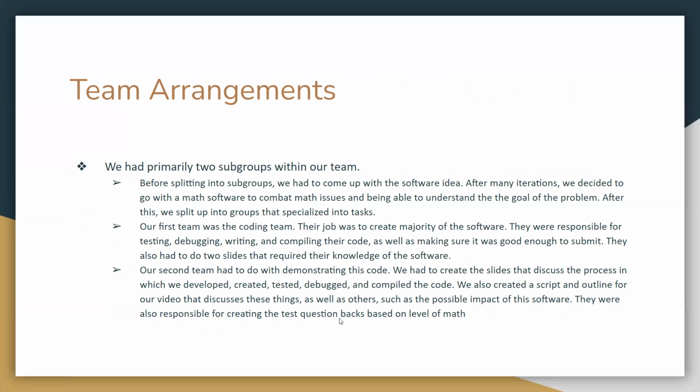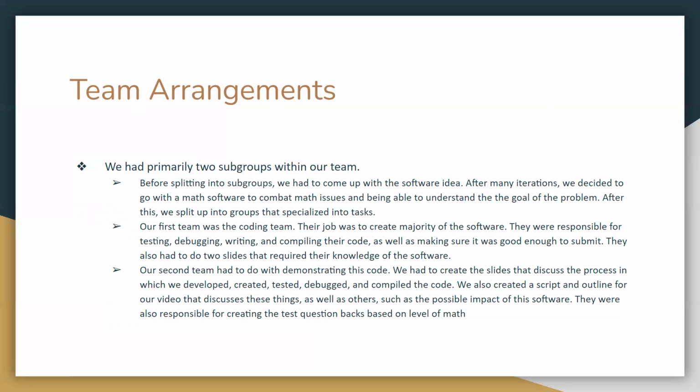Now, going back to the special circumstances that we mentioned before, being separated as well as not having the same amount of knowledge base between all of our teammates required us to be a little bit creative with how we divided up our tasks. Essentially, we had to create two subgroups, and before splitting into them, we had to, of course, come up with a software idea.